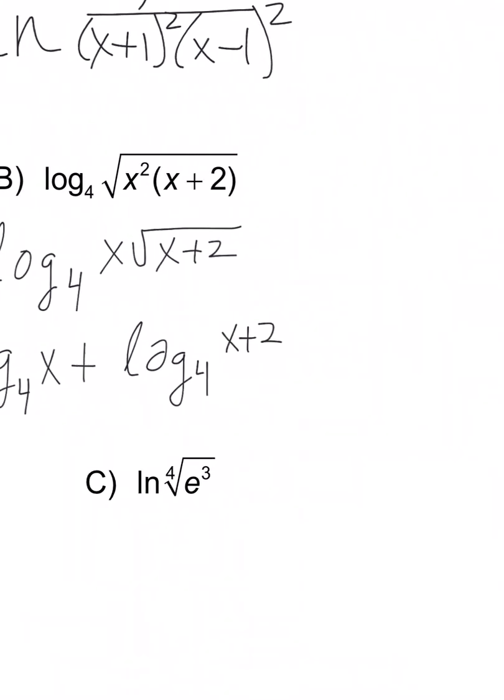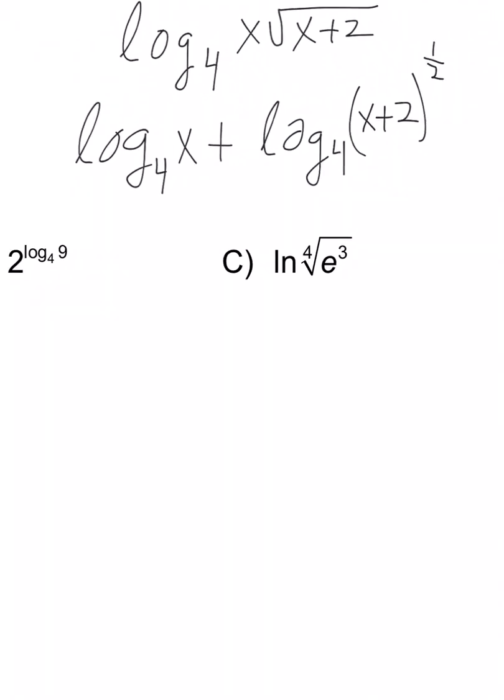Because I know that we are going to move this radical, which is a fractional exponent, in front, I write it as a half right away. And then I'm going to bring that half in front. Instead of rewriting the whole thing, I'm just going to erase that. And that would be your final answer.